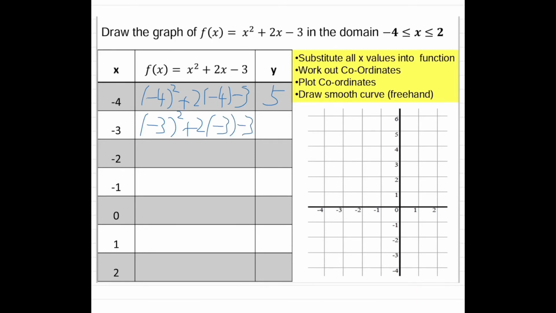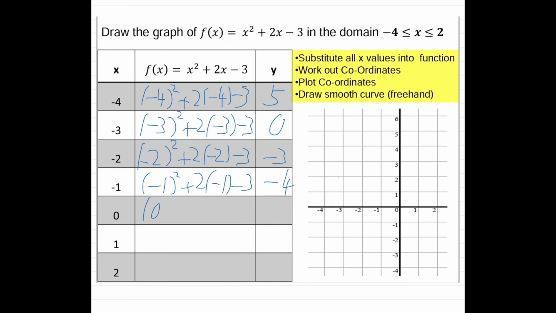As well, guys, use your calculator for this. You have your calculator, just make sure it looks the exact same on the calculator screen as it does on the paper. Minus 1 squared plus 2 times minus 1 minus 3, that gets us minus 4.